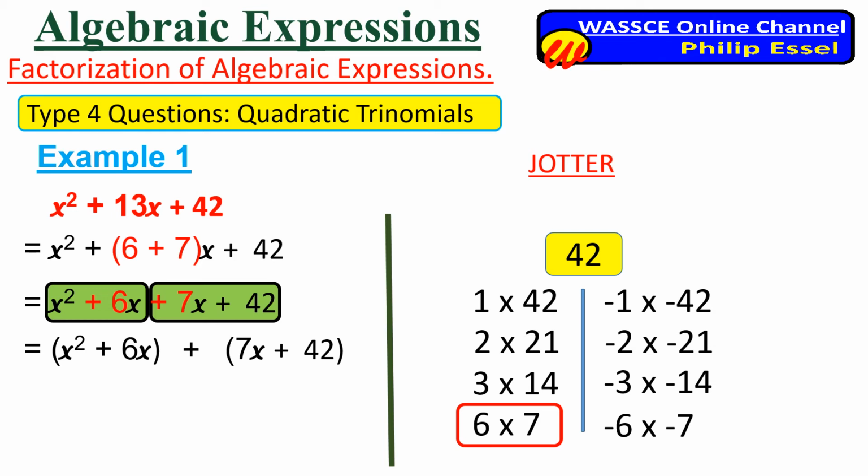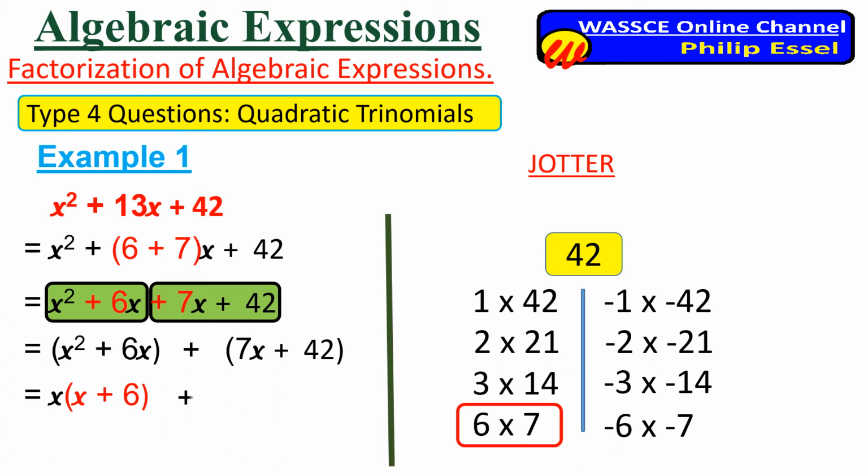At this point, we'll be factorizing the first part of the expression, that is the x squared plus 6x. When we factorize x squared plus 6x, we would get x outside of the bracket, then we have x plus 6 inside of the bracket.